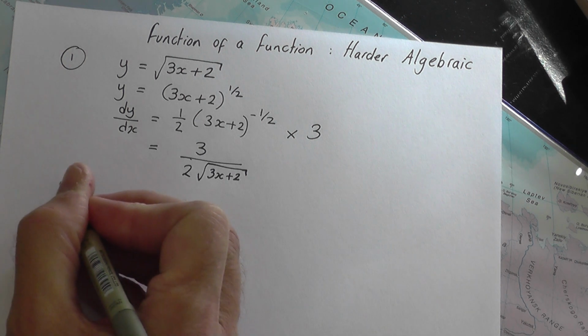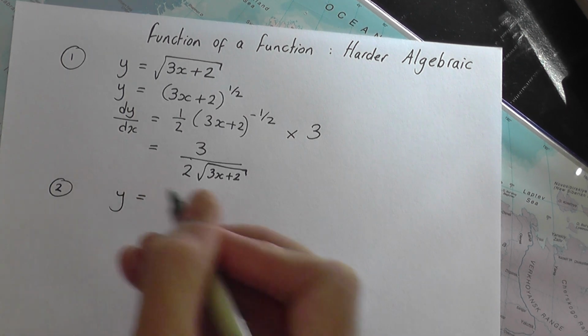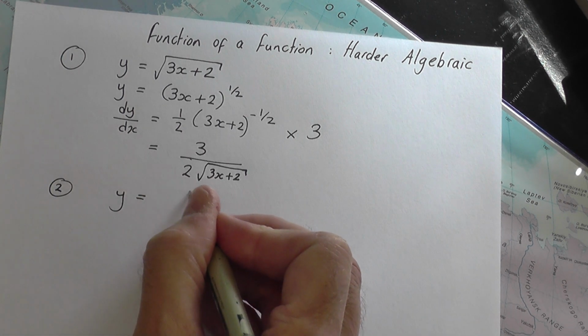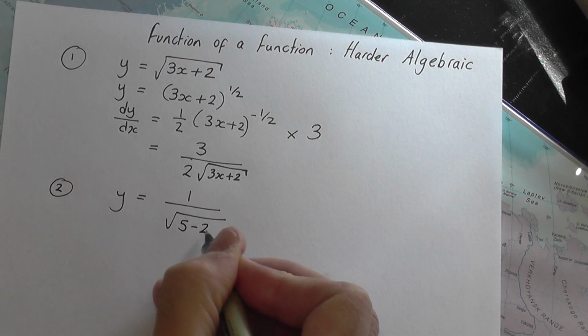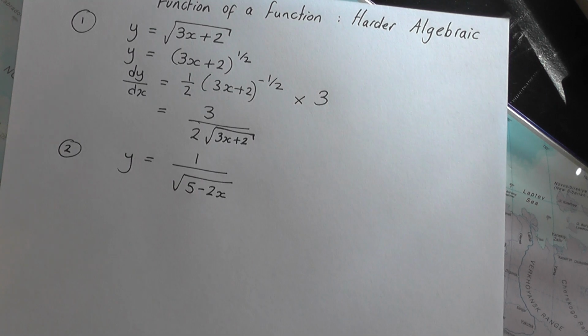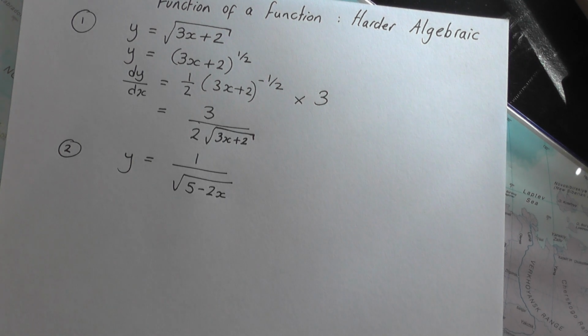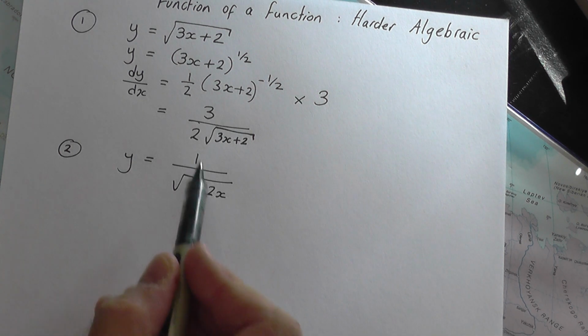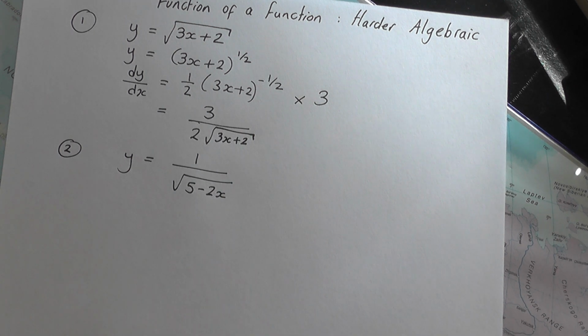Okay, so let's try number 2. Let's say y is equal to 1 over the square root of 5 minus 2x. Now, a side note on this one: many students fall into the trap of thinking that is a quotient because there's a division sign there, something on the top, something on the bottom, and so they apply the quotient rule to it.